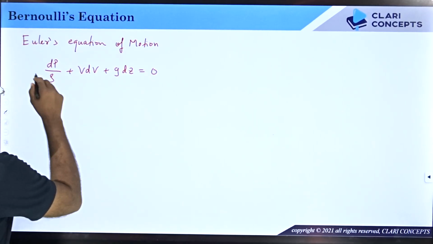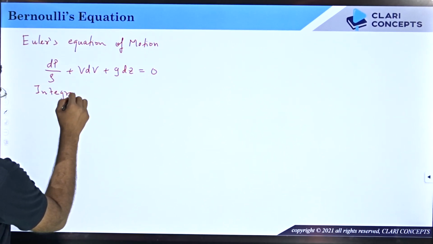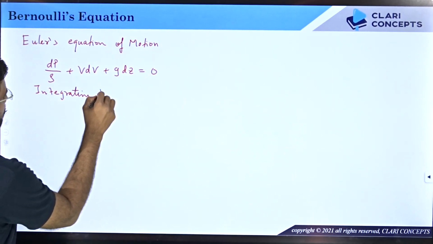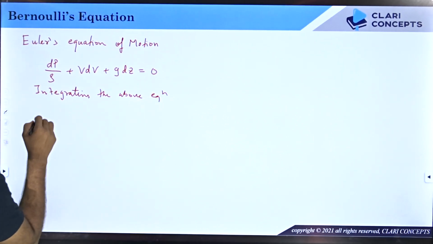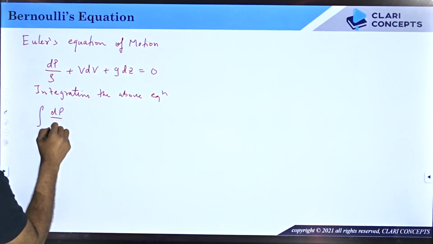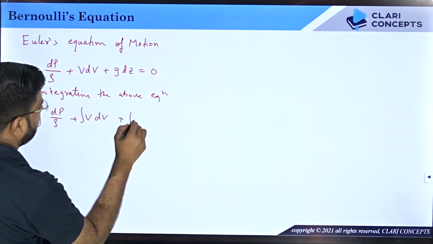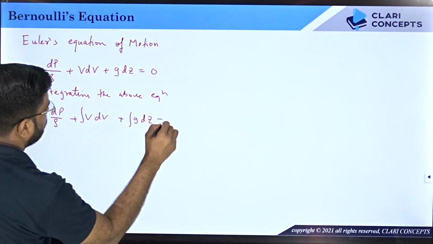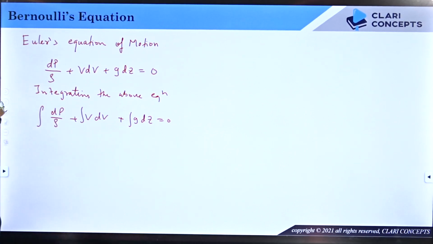Now, if we integrate the entire equation, integrating the above equation, what we will get is integral dp by rho plus integral v dv plus integral g dz equals 0. Now see, if we assume that density is constant throughout the flow, that means flow is incompressible, in that case we can take rho outside the integral sign.